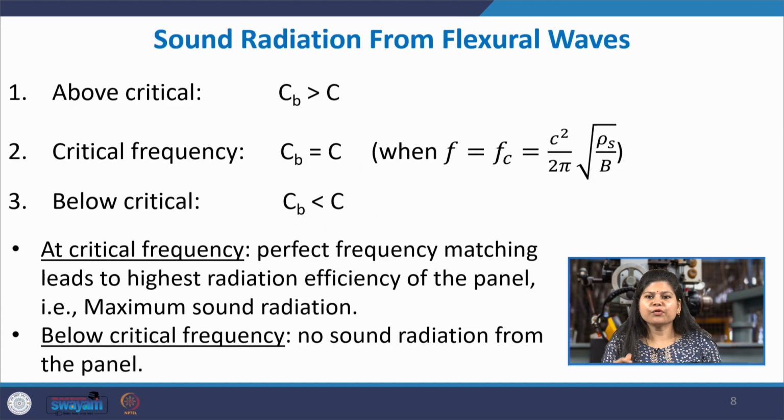Now, there are three different zones of consideration. One is below the critical frequency, till the time the bending wave speed is smaller than the speed of sound in the surrounding medium. Most of the cases it is air, but it could be water also. If you have a plate in water or any other medium, the same will hold true.